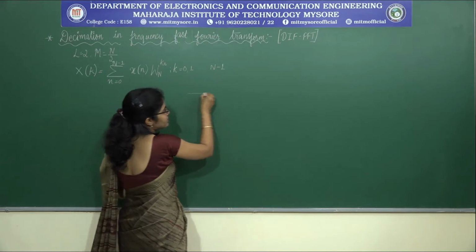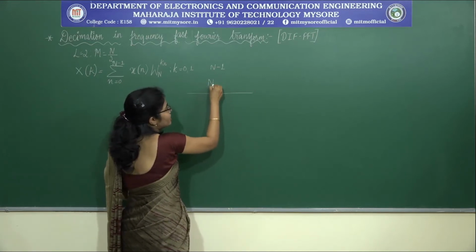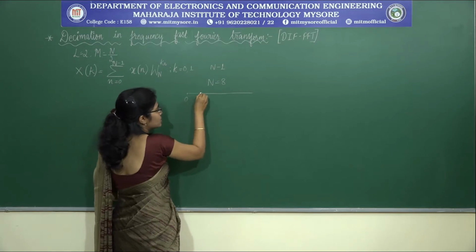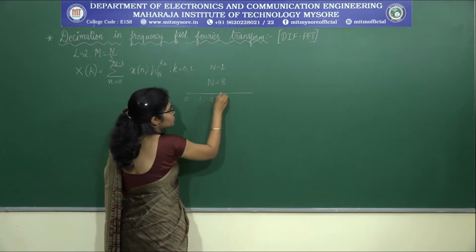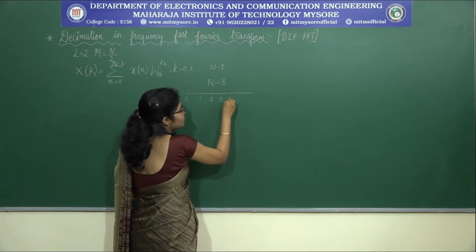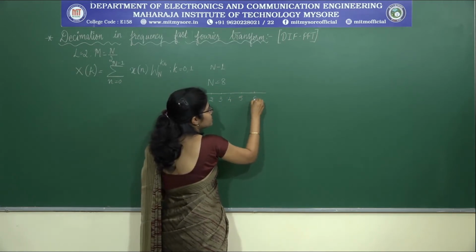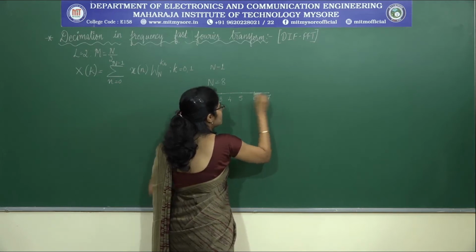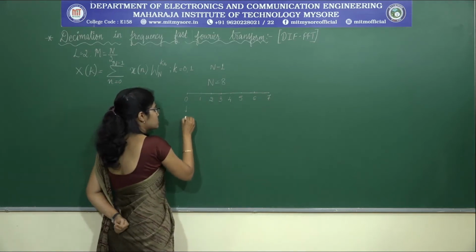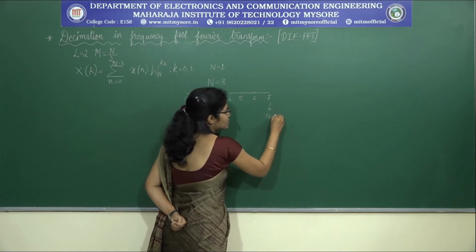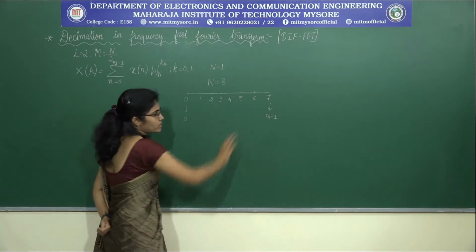If I consider the value of N equal to 8, the samples we have are 0, 1, 2, 3, 4, 5, 6 and 7. This is the 0th sample and this is the N minus 1 sample, so 8 minus 1 is 7.